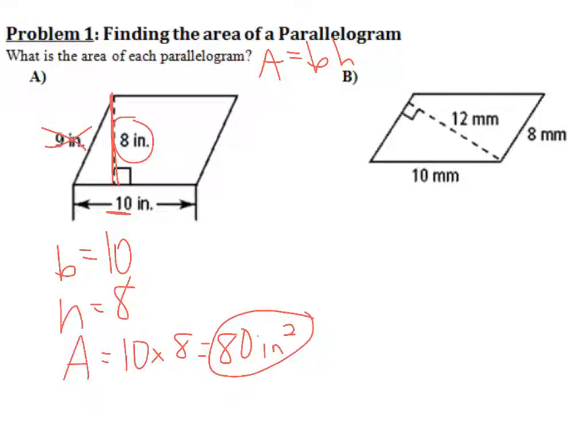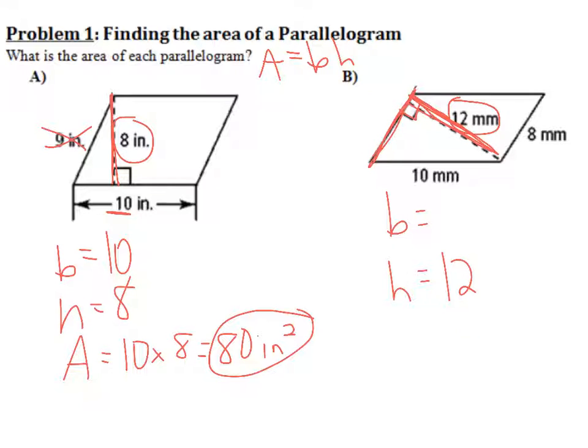For this second example, you'll notice that our dotted line is this way, and we were given 12. 12 is going to be our height. And that dotted line with the right angle attached to it usually is our sign that that is the height. Now the height always goes perpendicular to our base.